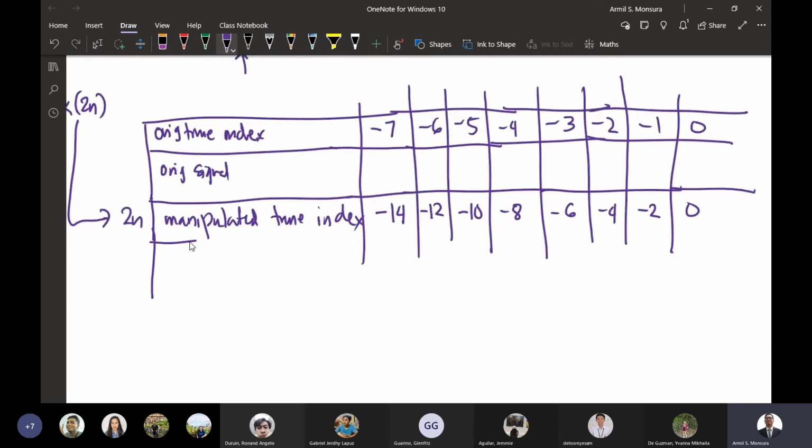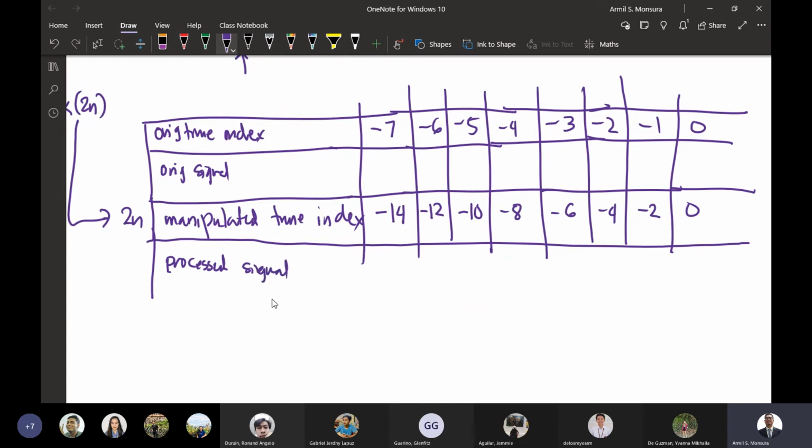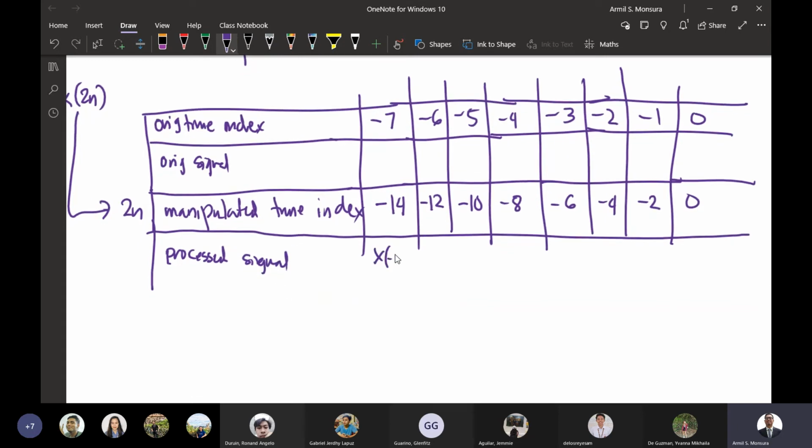So, ngayon, yung magiging process signal ninyo or manipulated signal ninyo, now becomes x of negative 14, x of negative 12, x of negative 10, x of negative 8, x of negative 6, x of negative 4, x of negative 2, x of 0, and so on.